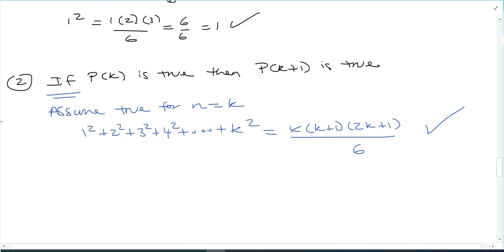Then P of k plus 1 is true. That is what an if-then statement is: if this is true, we need to show that the then part is true.